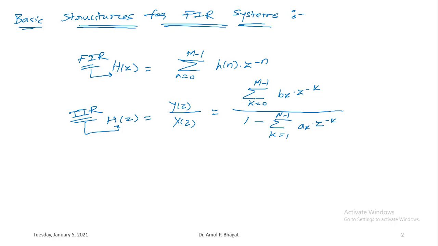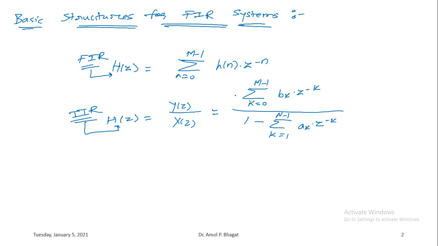If you compare this equation with this numerator equation, you will find it similar, only the summation variable has been used as n in this case, while in place of this coefficient, that is bk coefficient, there is h of n, right? So this is a non-recursive system, right?